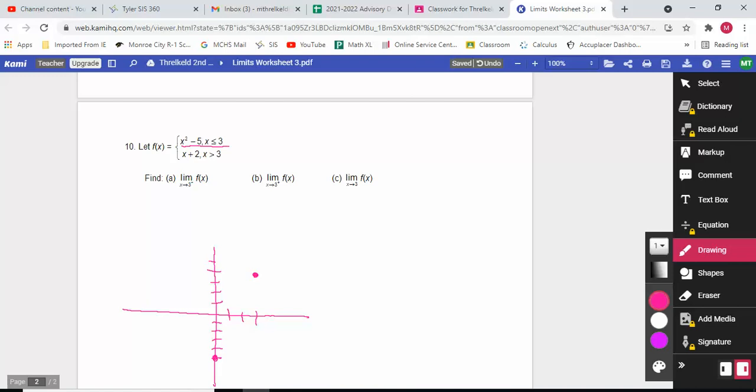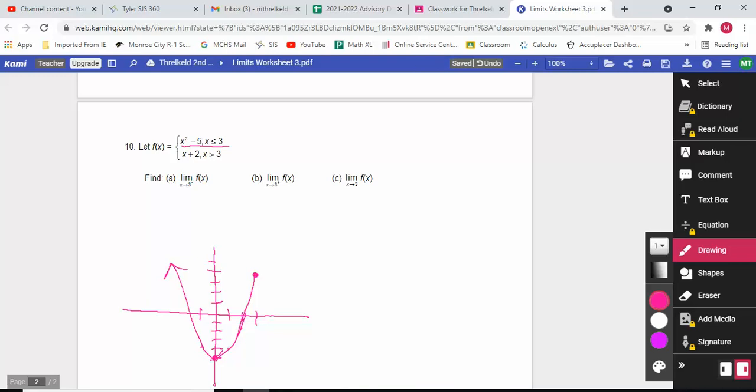You could put in more if you wanted. If you put in like a 1, you get negative 4. If you put in a 2, you get negative 1. So what we have here is just part of a parabola. If you put in like negative 1, you get negative 4 again. And it keeps going that way.